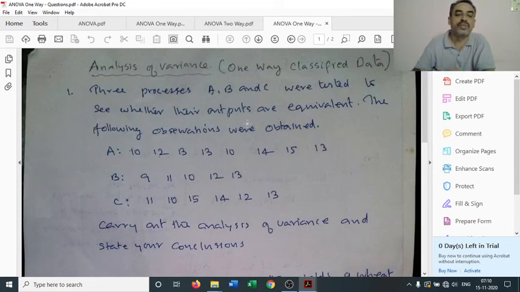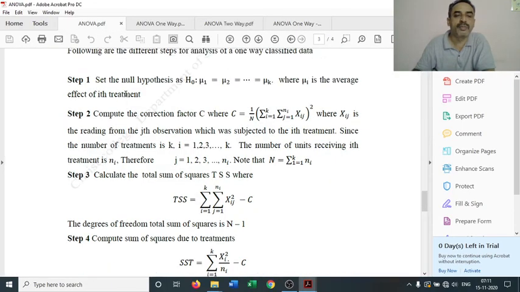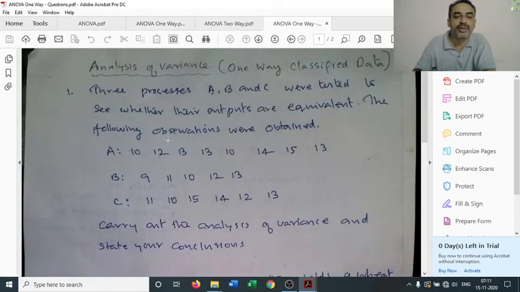Before we come to the answer to this question, we can have a look at the various steps in a one-way ANOVA. The first step is to set the null hypothesis H0: mu1 equals mu2 equals etc. mu k, where mu i is the average of the ith treatment. In the present question, we treat the performance of the processes A, B, C as the treatments.